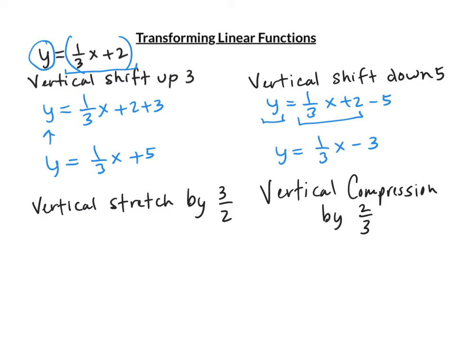A vertical stretch by 3/2. It's vertical. y is what's being affected. So there's my new y, and everything, that's the 1/3 x plus 2, is going to be multiplied by 3/2. So it's 3/2 times 1/3 x plus 2. Keep in mind that 2 is 2 over 1, and I just multiply straight across.